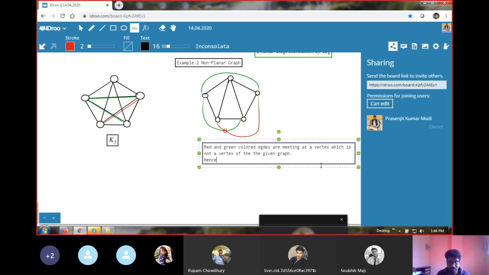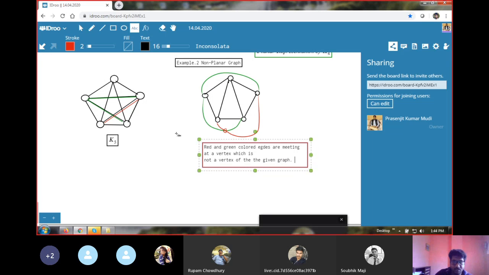Hence, okay, yes. So hence the K5 is not a planar graph, it's a non-planar graph. Okay, so this is the attempted planar representation of K5.